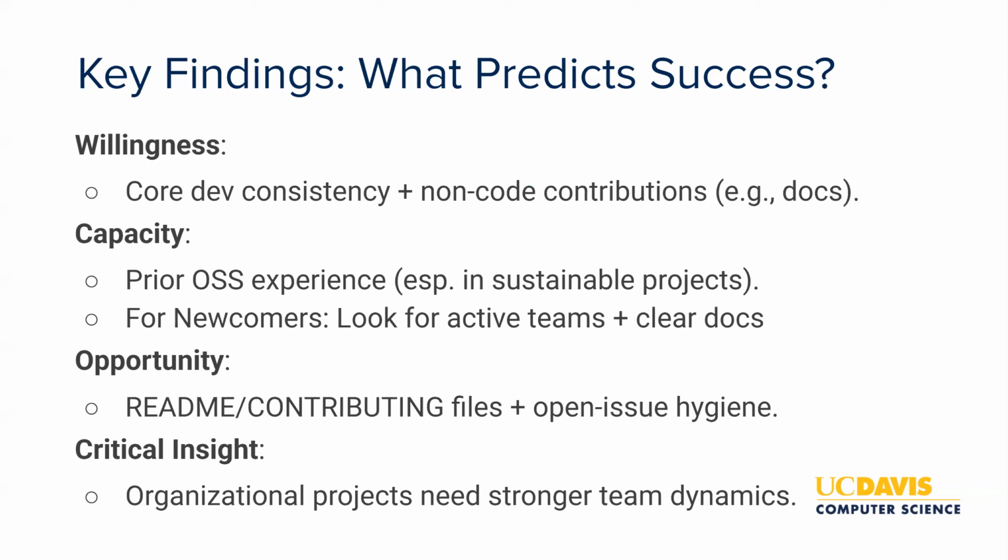First is willingness, which refers to consistent contribution from the core developers. Projects with steady engagement are more likely to survive, while those with early bursts of activity followed by inactivity tend to fail. Also, non-code contributors, who discuss issues and review PRs, play an important role in sustainability.